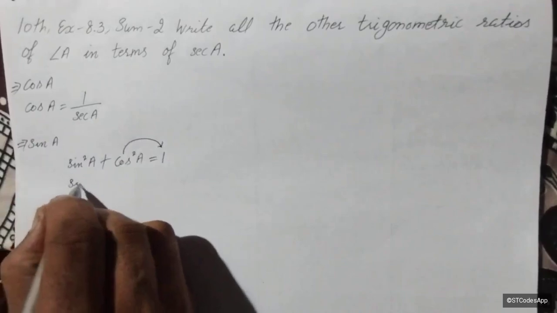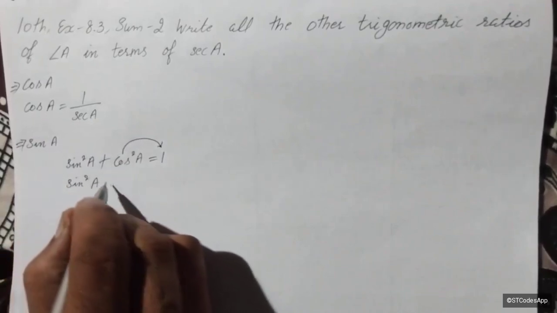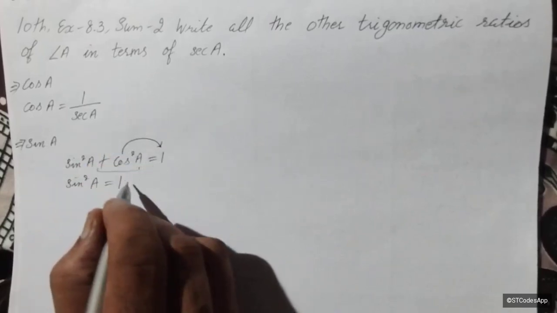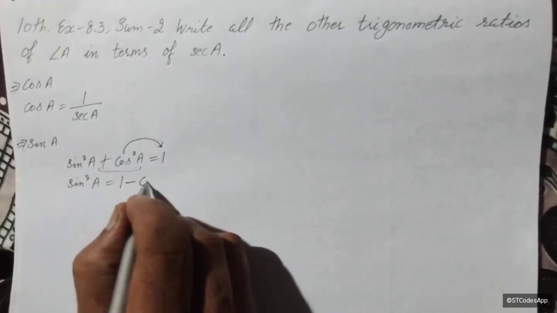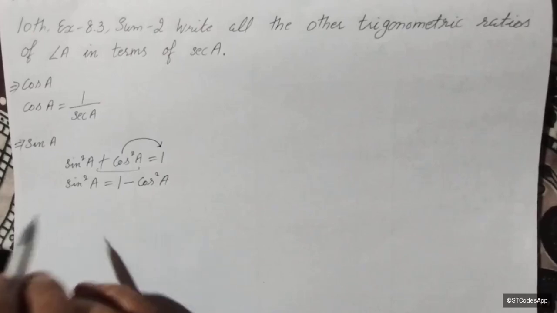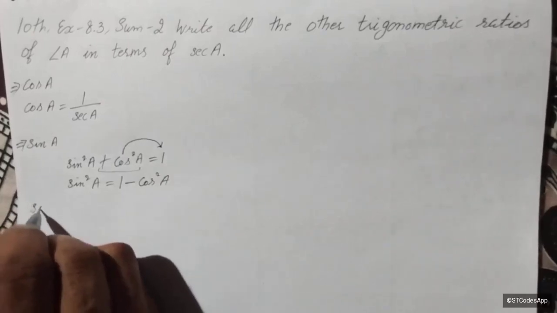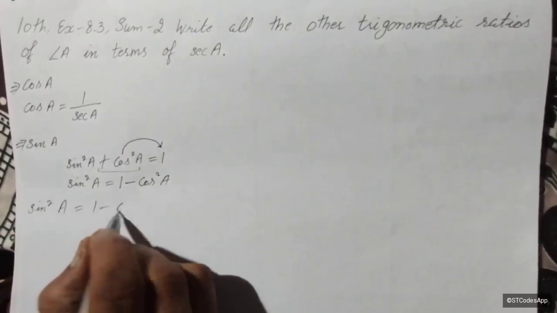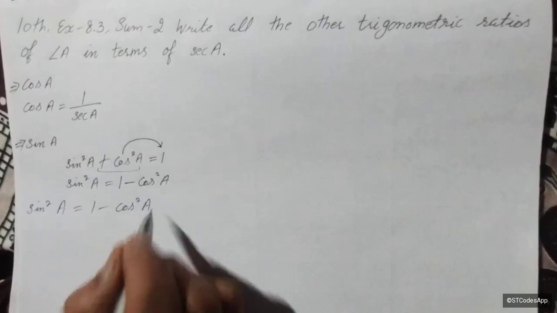It will become sine square A equal to 1, and when we are shifting, plus cos square A will become minus cos square A. So now sine square A is equal to 1 minus cos square A.